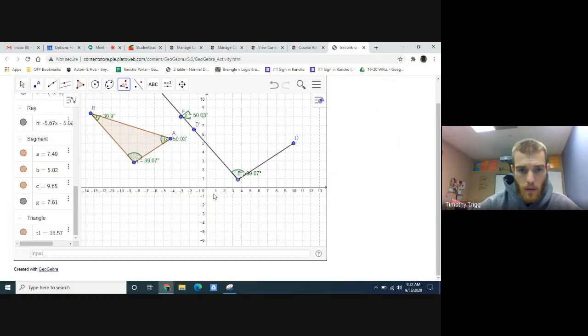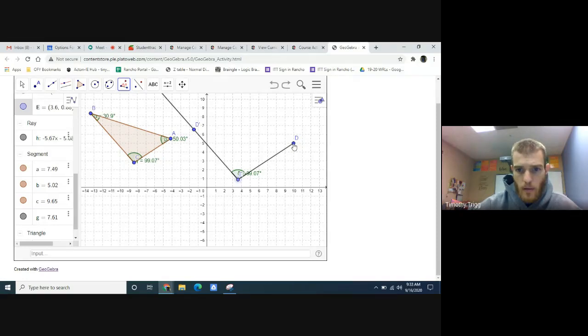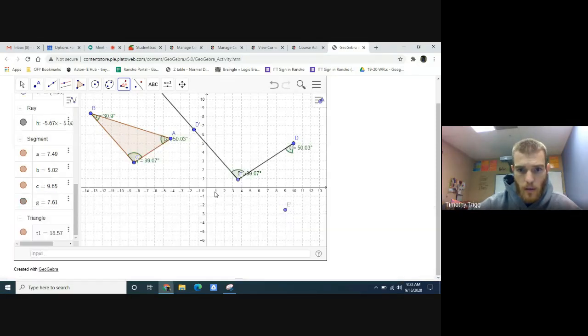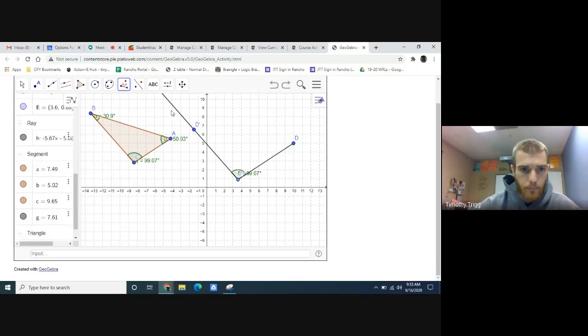Okay. No. Given size from here to here. Oh, that's very close. But I want it on the other side, so do that.